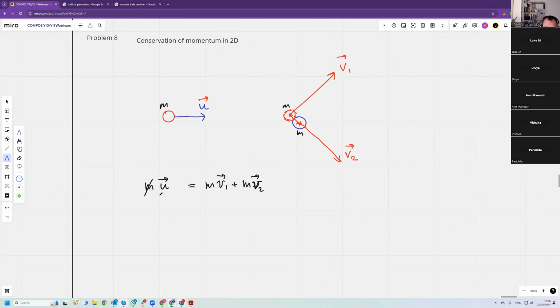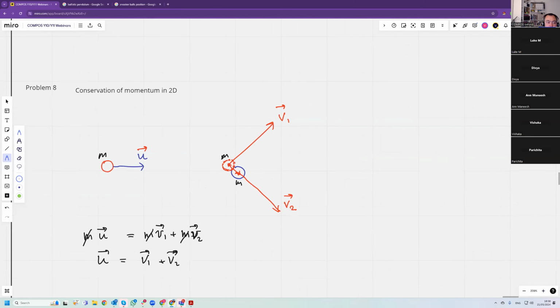And actually, you could cancel the m's because they have the same mass. So u, the initial velocity, is the final velocity plus the final velocity of the second ball. An interesting idea.